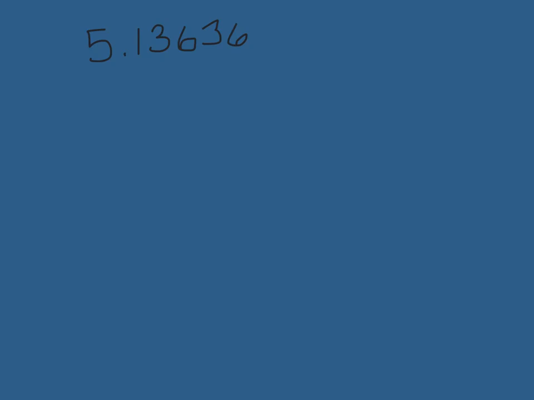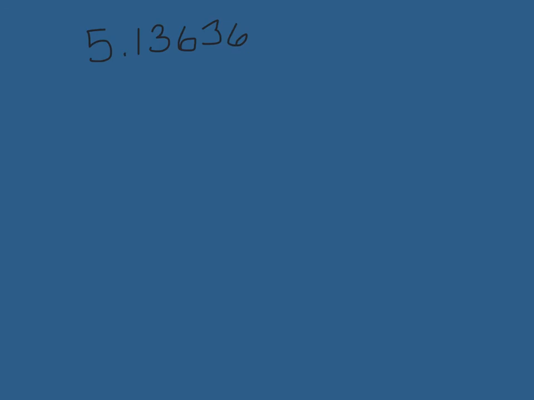Okay, let's try the decimal 5.13636. We would need to put a bar over the repeating part here. As I take a look at this number, I have my whole number 5 point, then I have 13636. The only part that's repeating is this 3636.